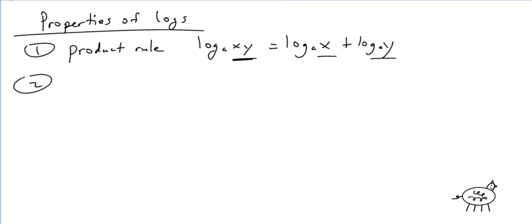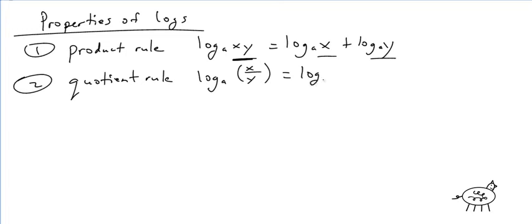The next one we're going to do is the quotient rule. So it's log base a of x over y. And this is just going to be subtraction. Log base a of x minus log base a of y. Okay, it's pretty easy. So it's top minus the bottom. Just remember that. It's very important.